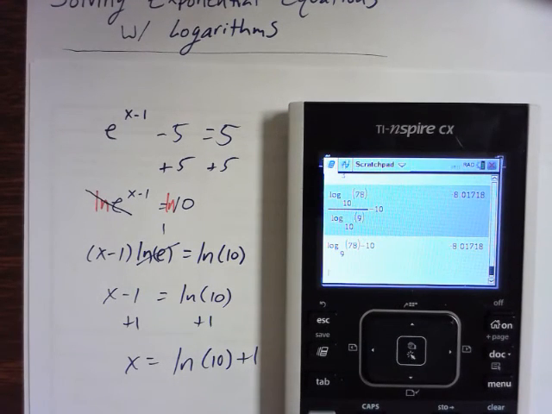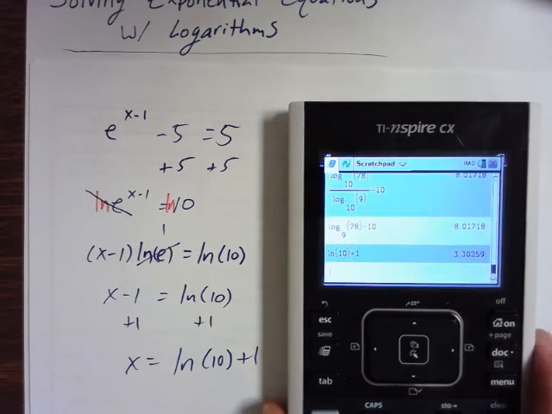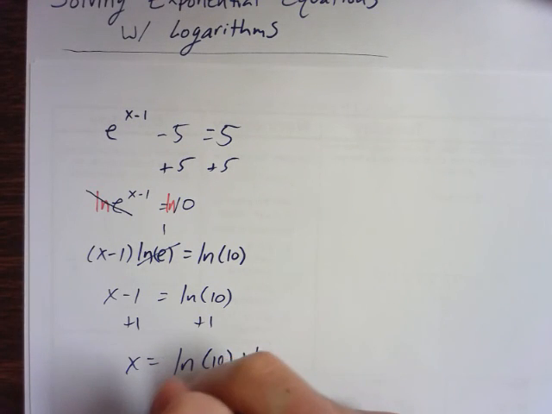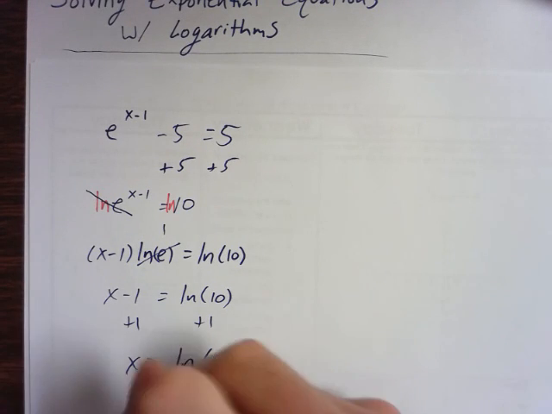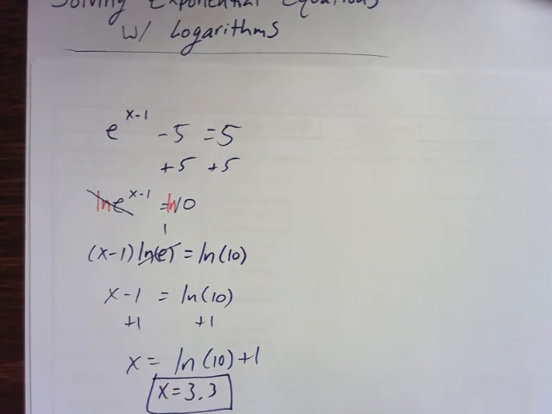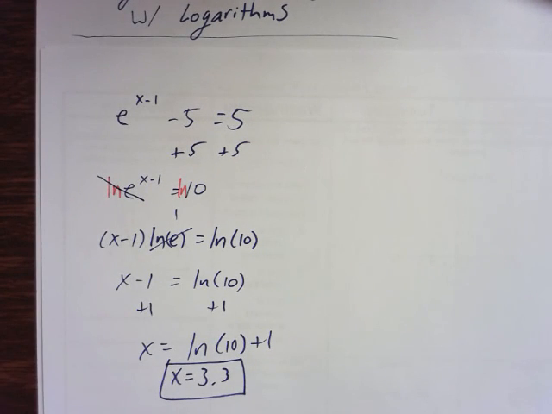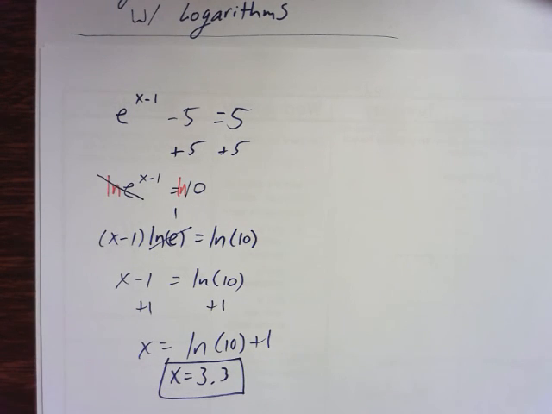And I can say that the ln of 10 plus 1 equals 3.3. So x equals 3.3. And there you go. That is how we will be solving exponential equations with logarithms.